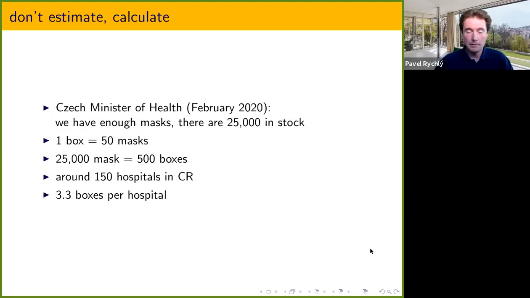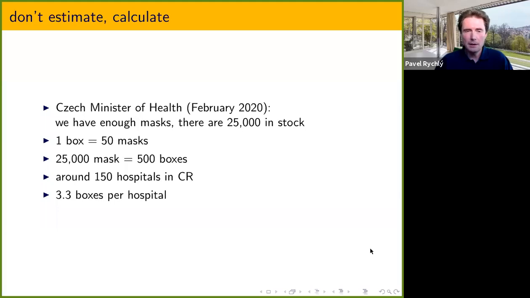So the first recommendation from me is: don't estimate, but calculate. Here is a real example from February 2020. It was before the pandemic, before the first pandemic wave.